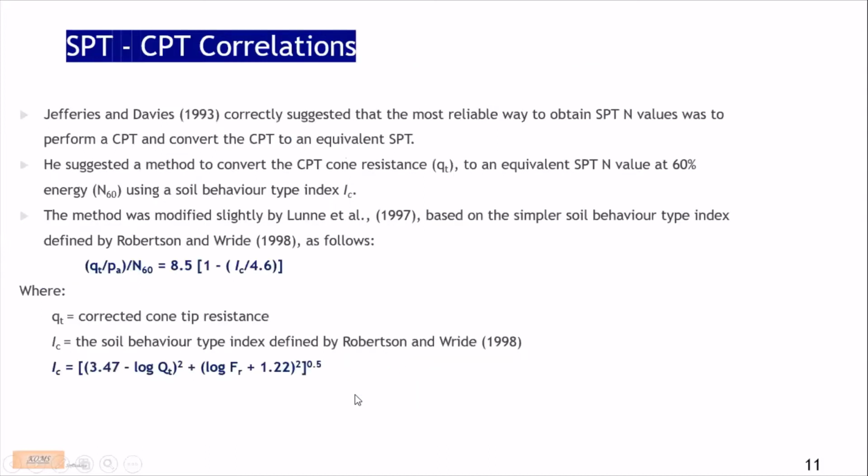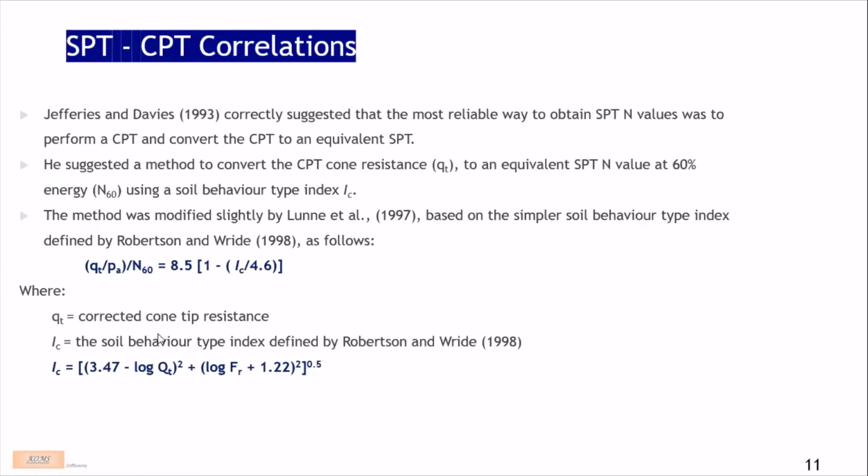Okay, so moving on. Jefferies and Davies 1993 suggested that the best way to get the SPT N value was to get it from the CPT. That's to convert the qt, that's the cone resistance from the CPT, to an equivalent SPT N value, that's the SPT N value at 60% energy dissipation, using the soil behavior type, that's the Ic value.